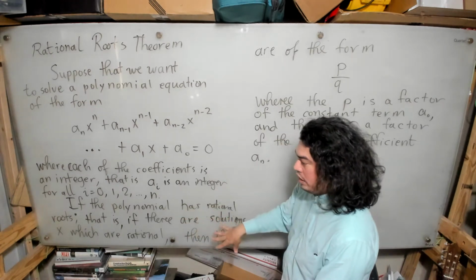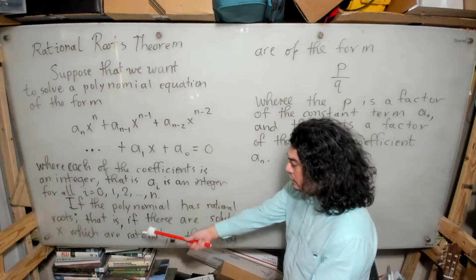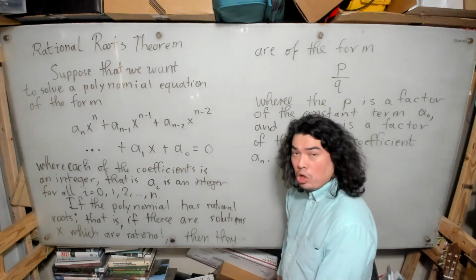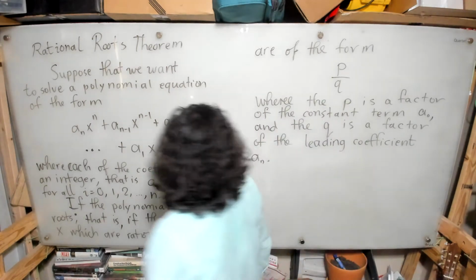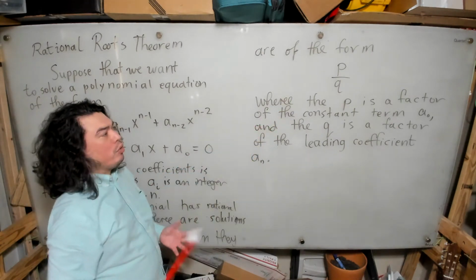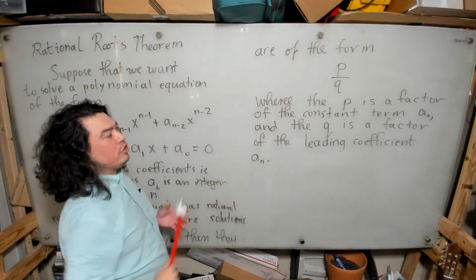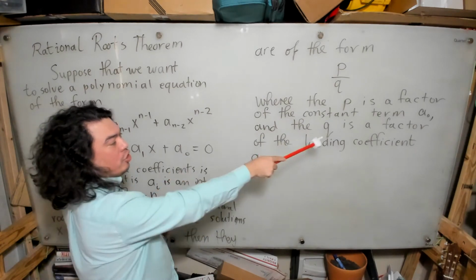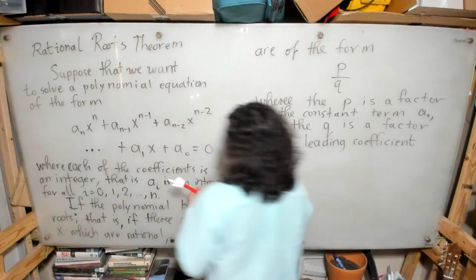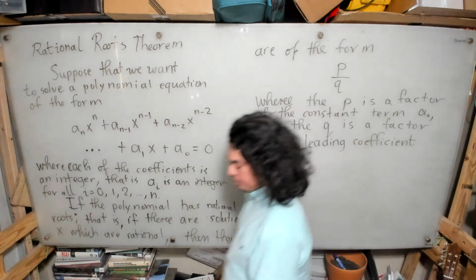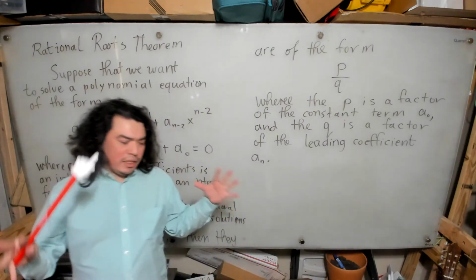Now here's what it's going to tell us. If the polynomial has rational roots, that is, if there are solutions x to this polynomial which are rational, then they are of the form p over q, where the p is a factor of the constant term a naught, the constant term of the polynomial, and the q is a factor of the leading coefficient a n, the coefficient of the term with the largest degree. Okay? So look what it tells us.